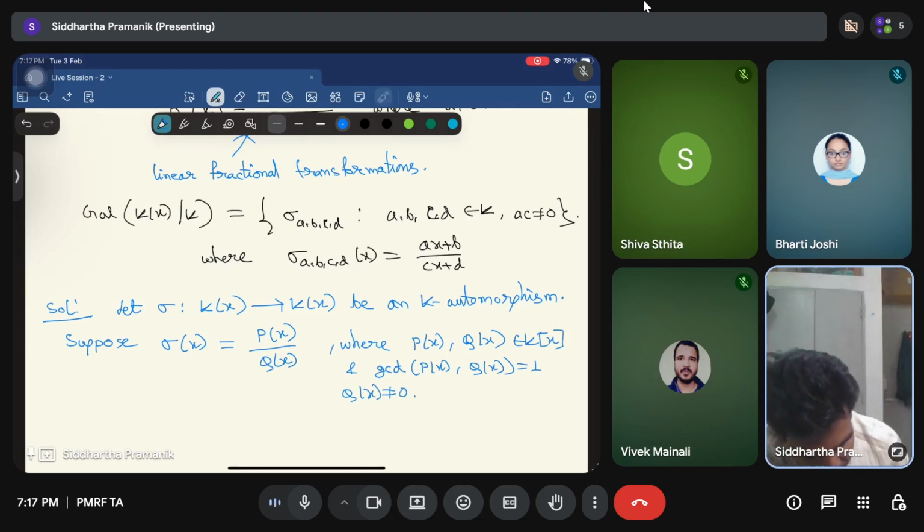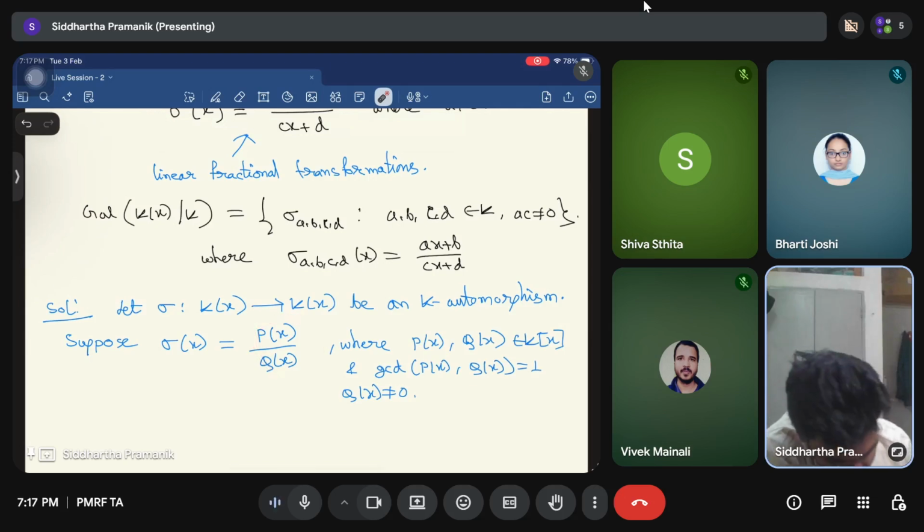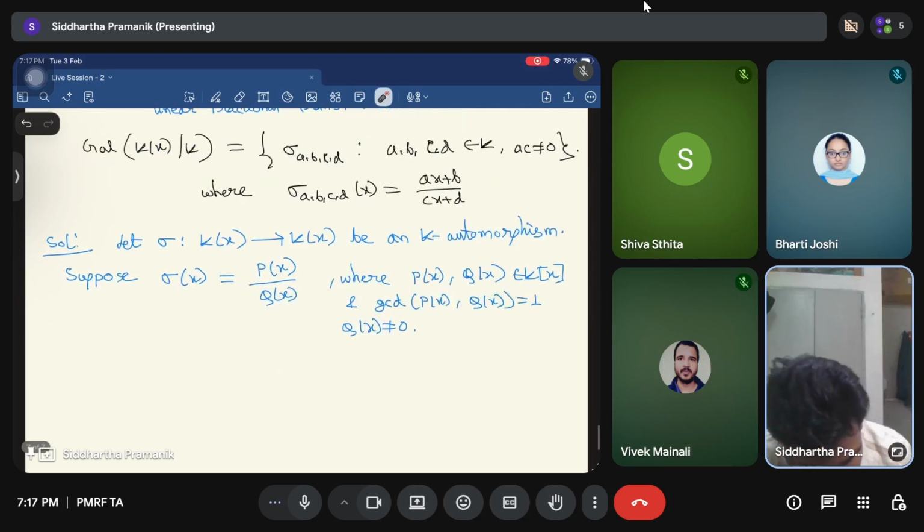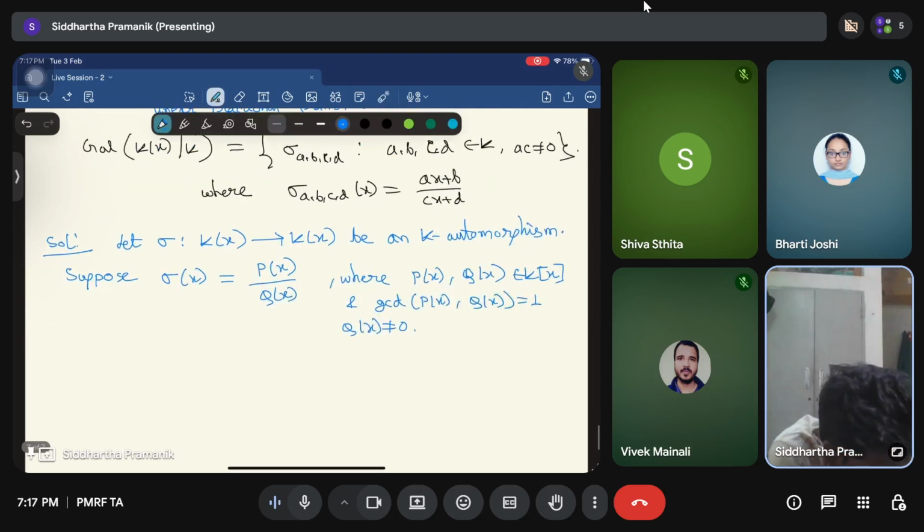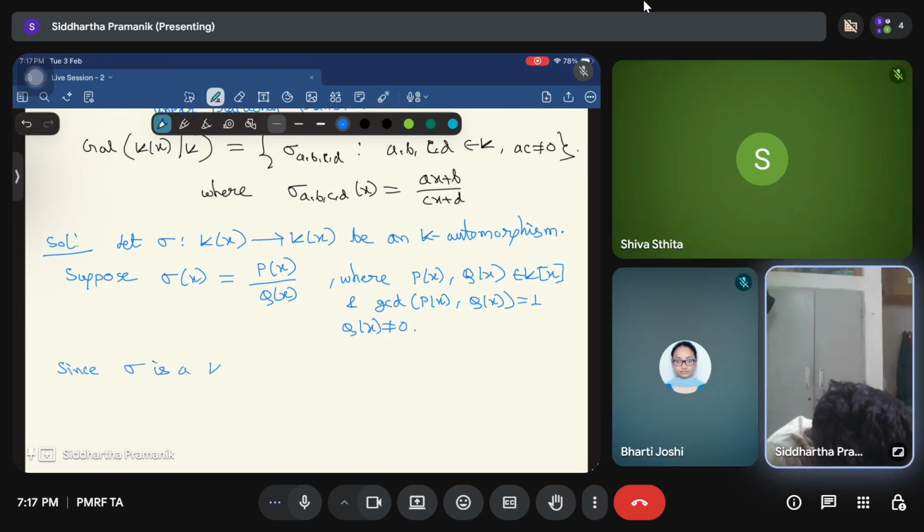So this is the image of x, but sigma is an automorphism, right? So since sigma is a k-automorphism, what will be the image of sigma?